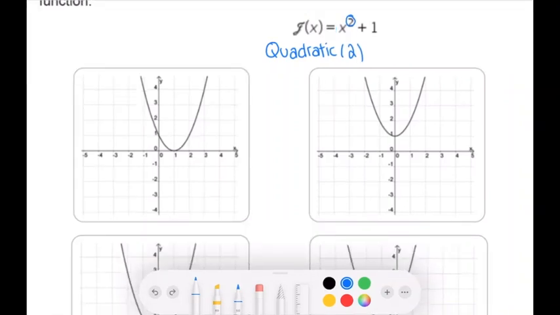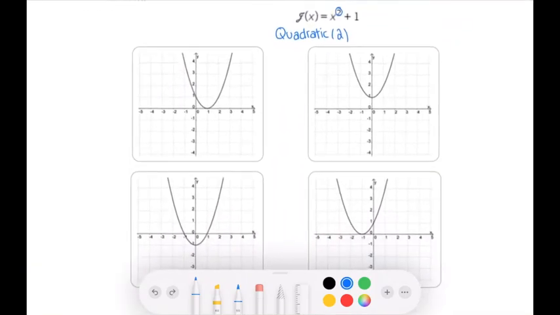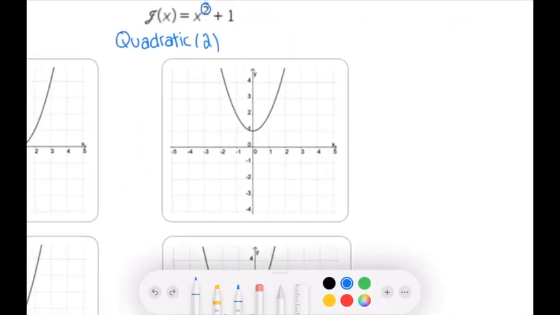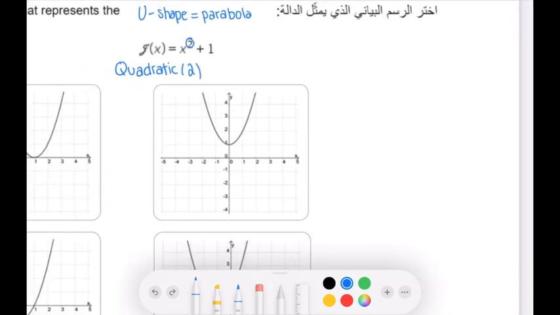So in order to see which of these graphs is the function f of x equals x squared plus 1, we will use something known as the vertex form, which is f of x equals a times (x minus h) squared plus k.